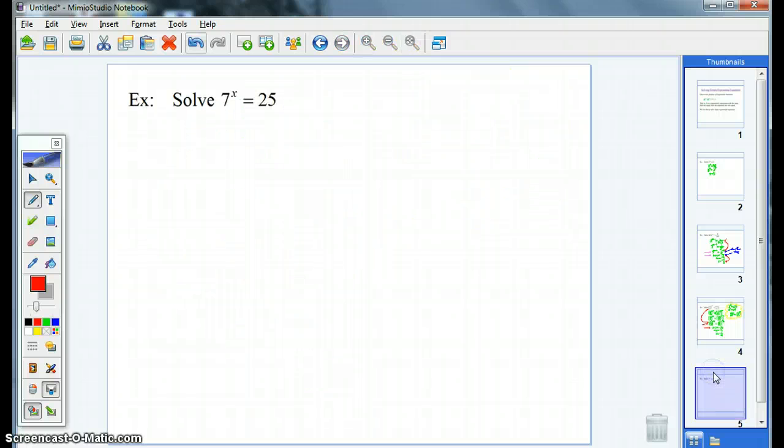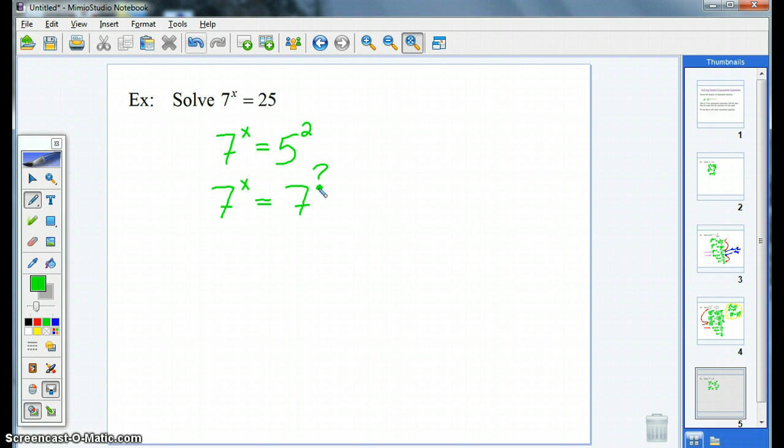So that brings us to one final example that may be important here, and that is to look at something like 7 to the x is equal to 25. So when I look at this, I'm trying to get the same base. I know that 25 is equal to 5 squared, but I need to get the same base. So does 25 equal 7 to the something's power?